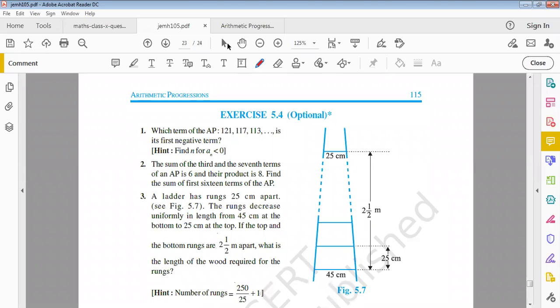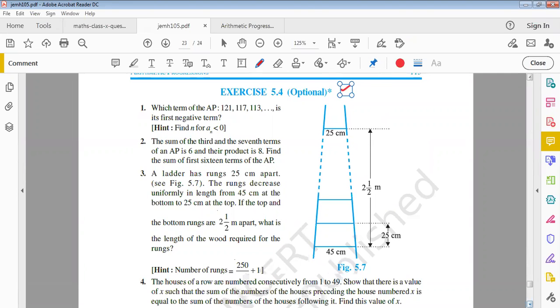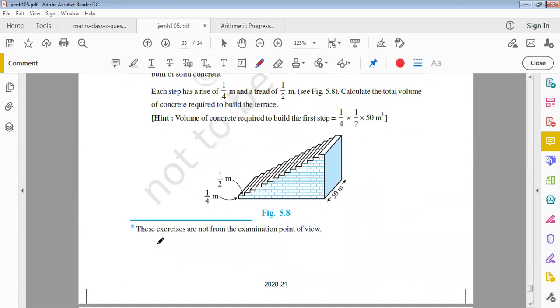Now coming to this one. They said this is 5.4 optional exercise, and they will say that these exercises are not from the examination point of view. Please don't follow this, because the textbooks were printed 13 years before.